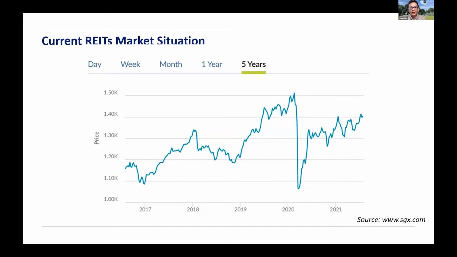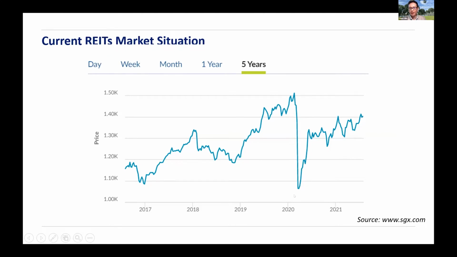This is the current REITs market situation. What you are seeing on screen is the Singapore REITs index. As you can see here, at the beginning of 2020, there's a plunge in price for obvious reasons due to COVID.